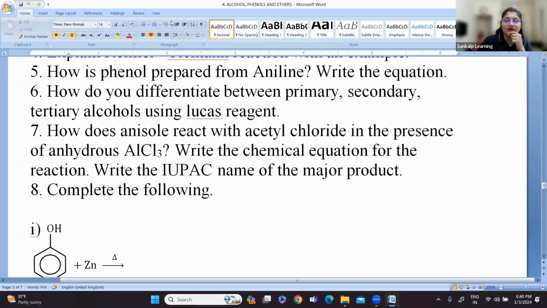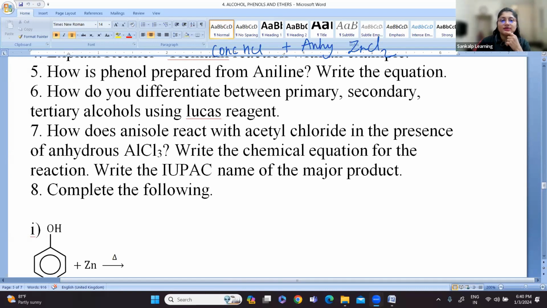Can be asked for 1 mark, either in the fill in the blank or in MCQs. It is concentrated HCl and anhydrous ZnCl2.